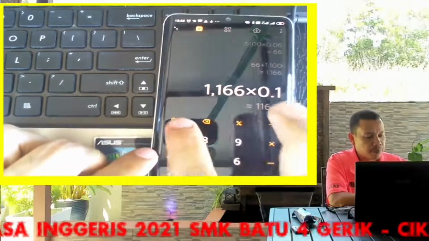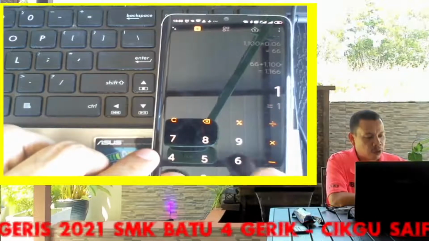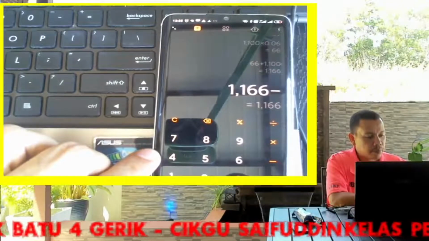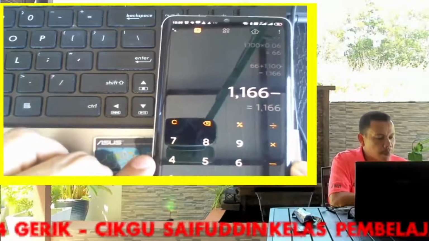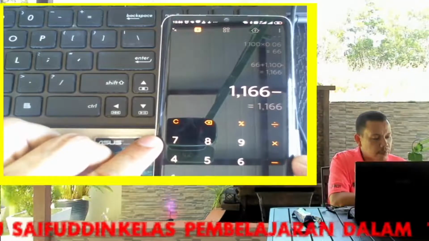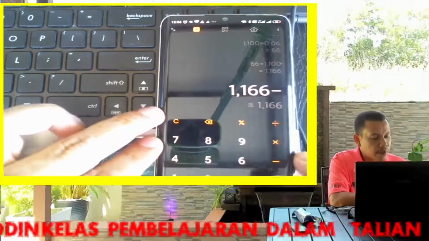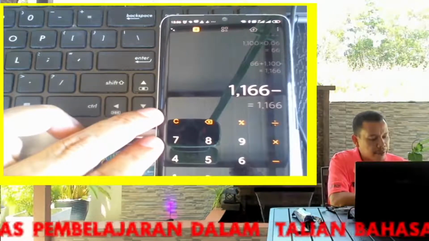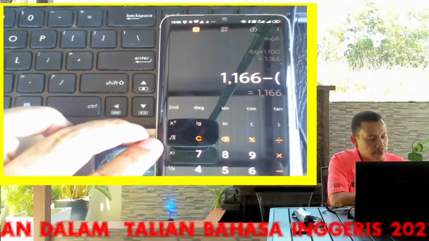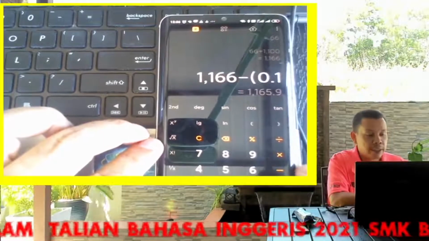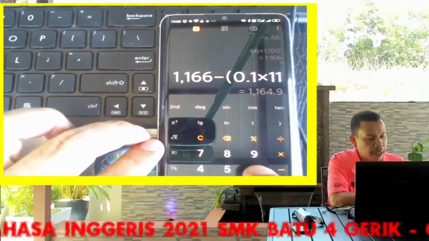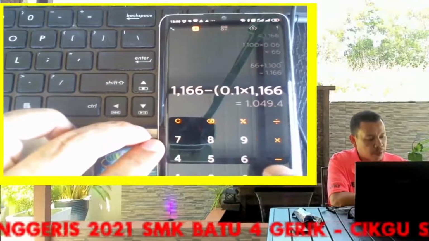So 1,166 ringgit minus, in the bracket, 0.1, which represents the 10%, times 1,166 ringgit, close bracket.